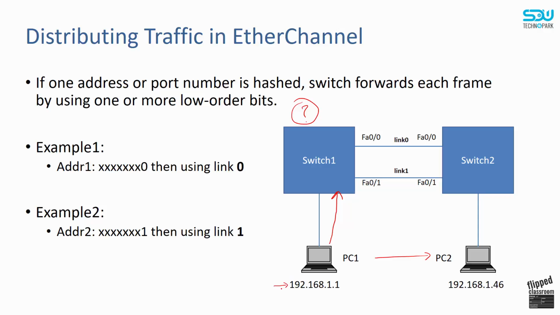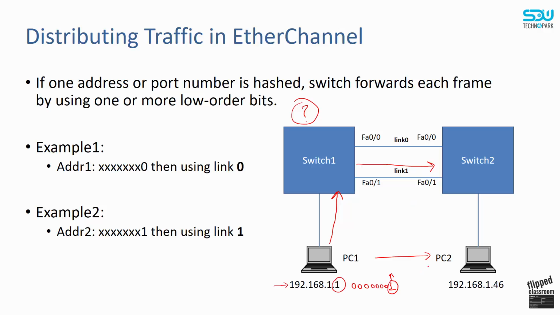In the source IP address we have the last octet, which is equal to 1 here, so it will be 1, 2, 3, 4, 5, 6, 7, and 8 bits in binary. Our switch will look at the last bit, which is equal to 1, and afterward it will make a decision: if you are equal to 1, then I will send you through link number 1, like this.